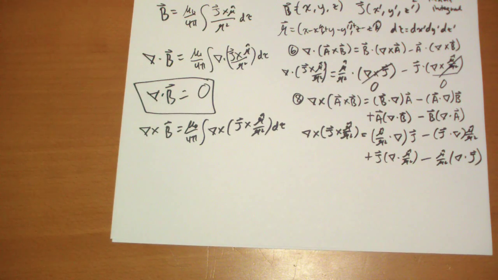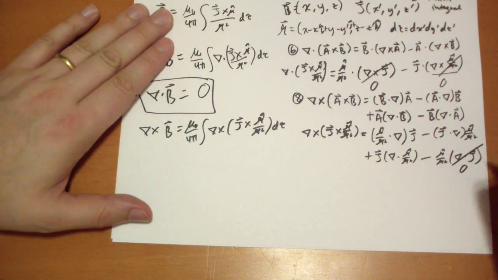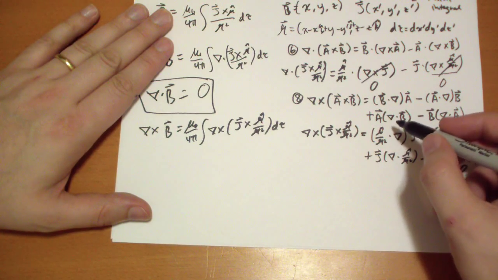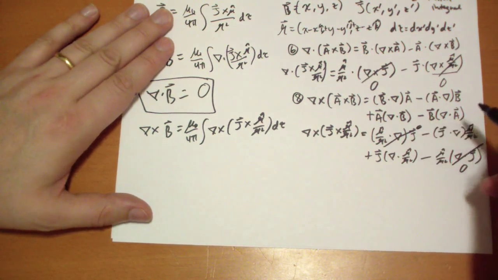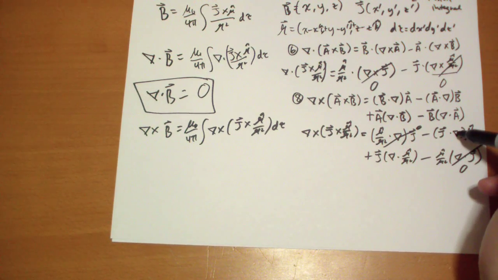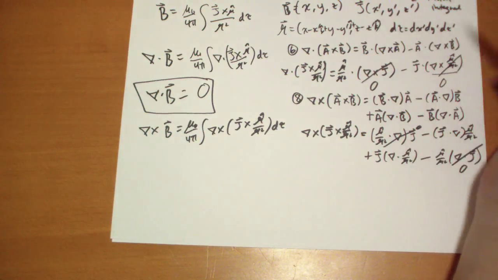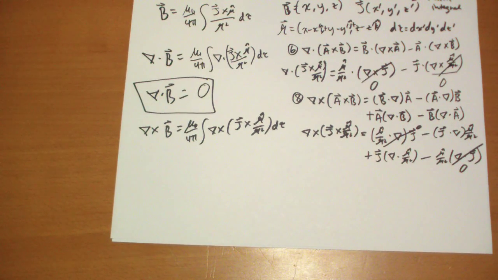So this is going to be 0, and then this one right here is going to be 0 as well. This one and this one, however, will survive because r has x, y, and z in it, as you can see here. So there will be something left when those are done.